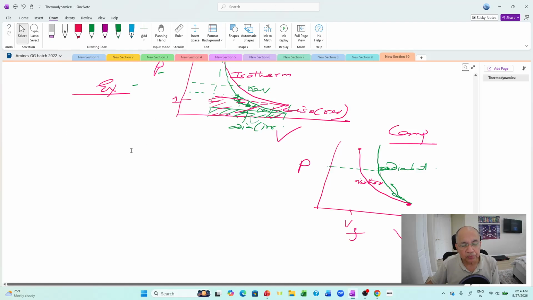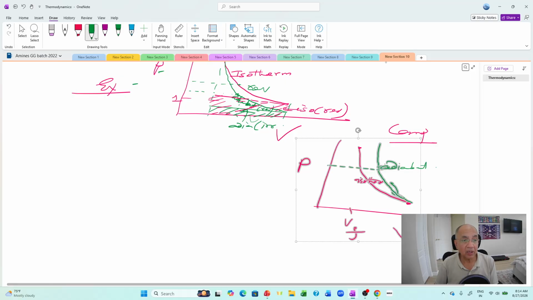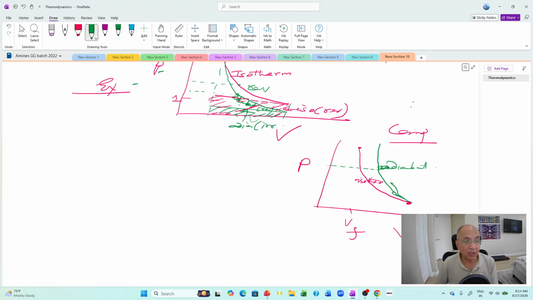So, the work done in adiabatic will obviously be more than the isothermal, but both reversible. I am not talking of, again, if it is irreversible, then under constant pressure, it will be going from here, same volume, it will go up. So the area bound under this will be even more than that.